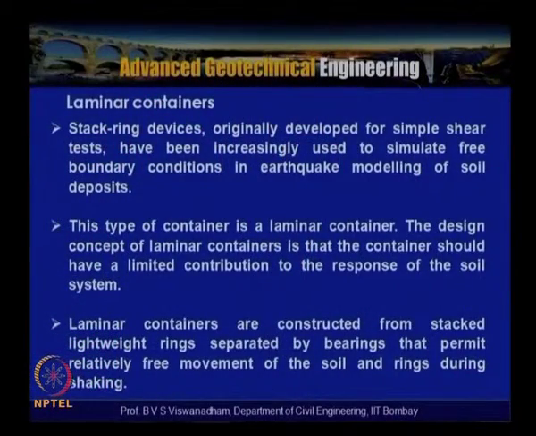Some of the earlier containers were ESB type containers, wherein aluminum and rubber alternate packing systems were used to induce some flexibility to the side walls of the container. Later, laminar containers were developed, and these track ring devices, originally developed for simple shear tests, have been increasingly used to simulate free boundary conditions in earthquake modeling of soil deposits. This type of container is called a laminar container.